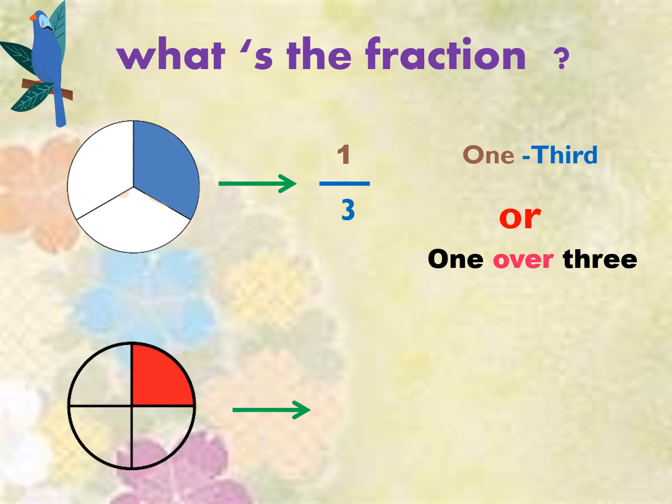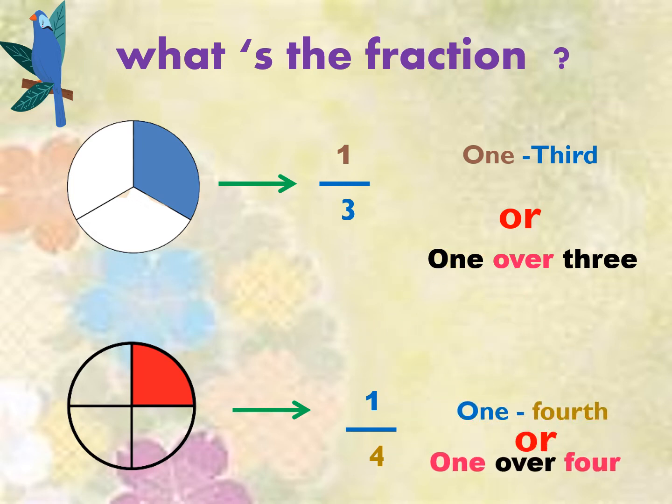So here, how many parts are colored? 1, and the total parts: 1, 2, 3, 4. So I will write 1 over 4. And how can I read the fraction? 1/4, or a quarter, or 1 over 4.